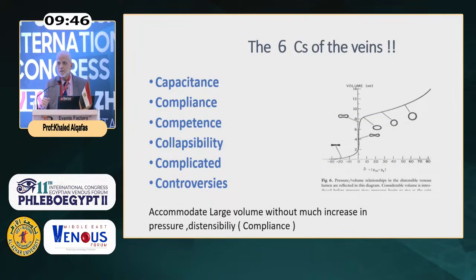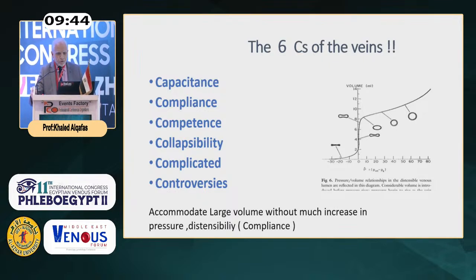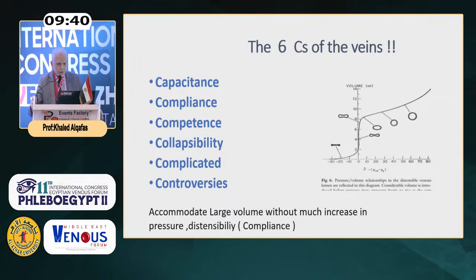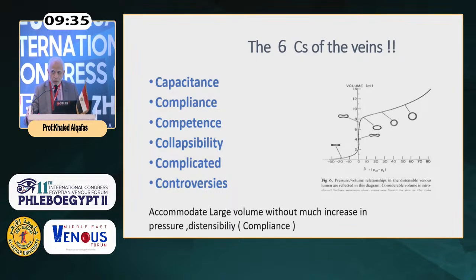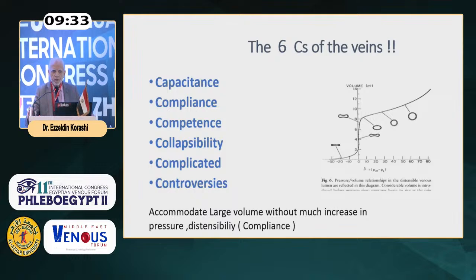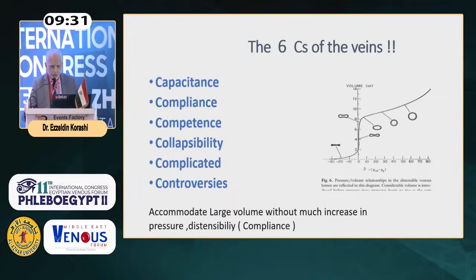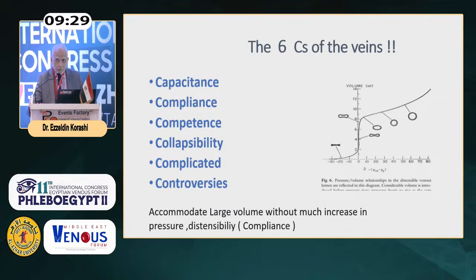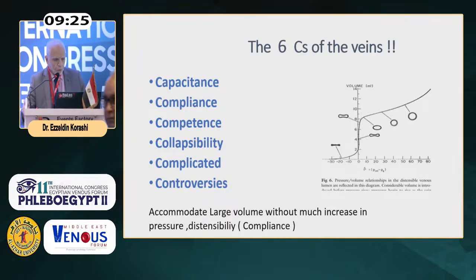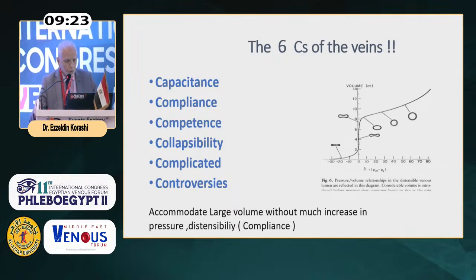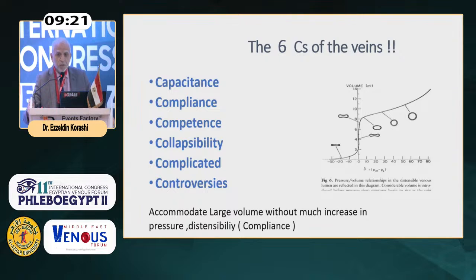Let's have a look at the C's of the veins. Veins have the capacitance, they can increase the diameter; compliance, they can accommodate big volume without much increase in pressure; competence, they can usually have good power when needed; collapsibility; and they are complicated because things are not like arteries in many things.